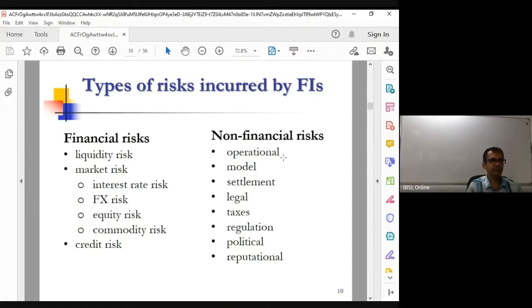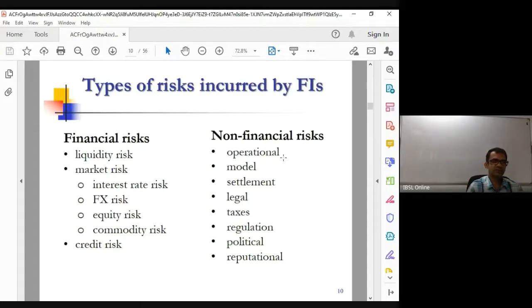We may not be able to conduct classes. So this is the operational risk from my end. But on your side, again, same thing. If there's a power cut in your area, then you won't be able to attend the class.